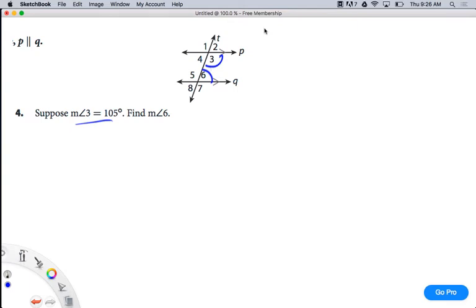I've got them highlighted. Same side interior. They're on the inside of the lines, right? So same side interior, which means they are congruent or supplementary? Supplementary, good. So if I want to find angle 6, I take 180, subtract 105 from 180, and I get 75 degrees. That's my answer. Cool? Any questions on that? All right.